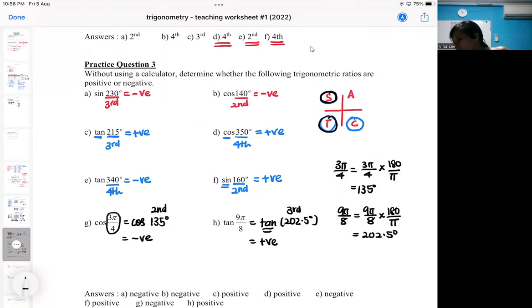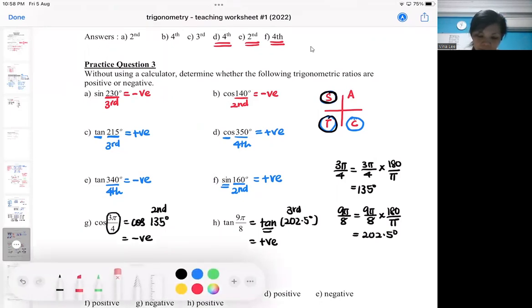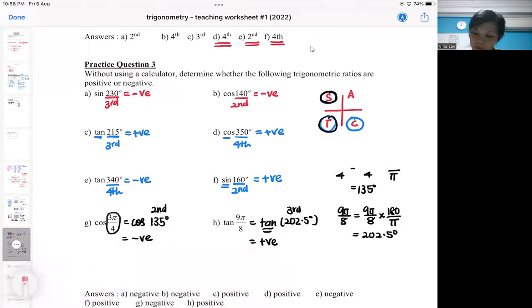Okay, so I'm going to extend this question to express it in terms of the basic angle. I'm going to erase certain things. So the next part is, now we know positive or negative.